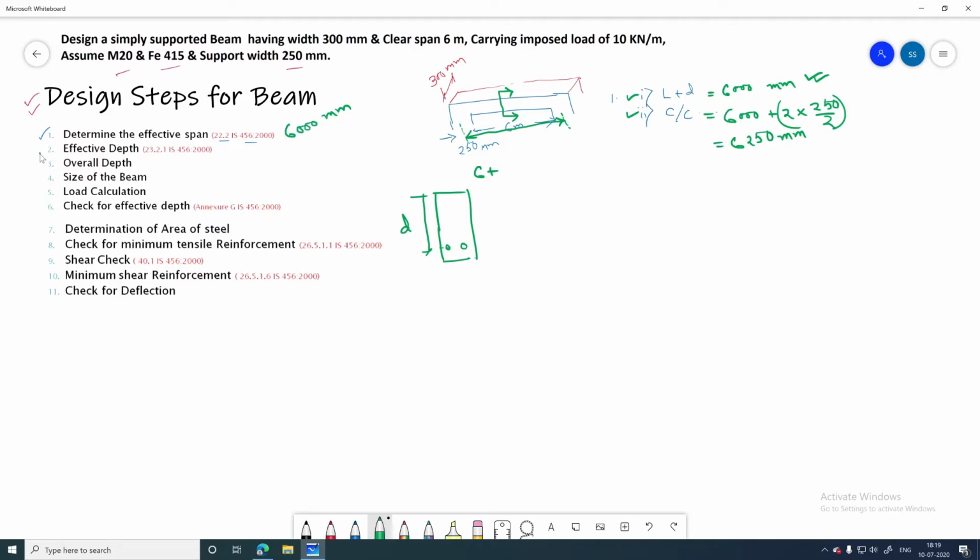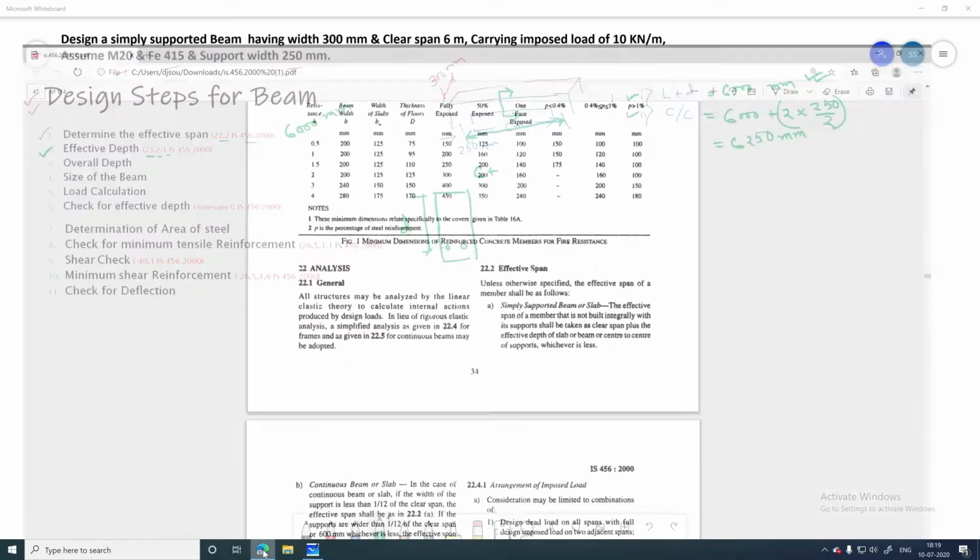Now the effective depth, or you can say the check for the deflection. Here we need to consider clause number 23.2.1 in IS 456:2000. Here we need to consider the L by D ratio. Now I need to show you in the code.